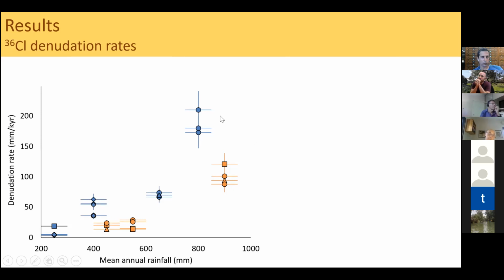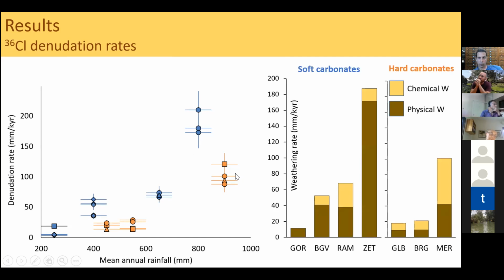Again, these results are from the cosmogenic nuclides. These are denudation rates, so it's measurements of the rate of surface lowering in our study sites. And we can see that denudation rates increase with rainfall. And because we have our results from the immobile elements, we can differentiate how much of the denudation is mechanical and how much is chemical.